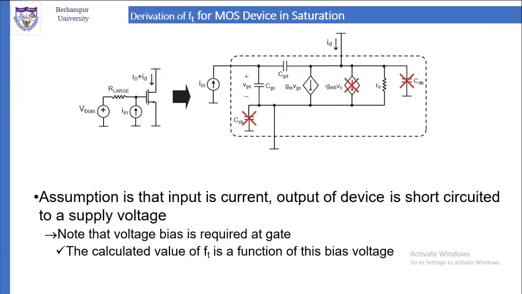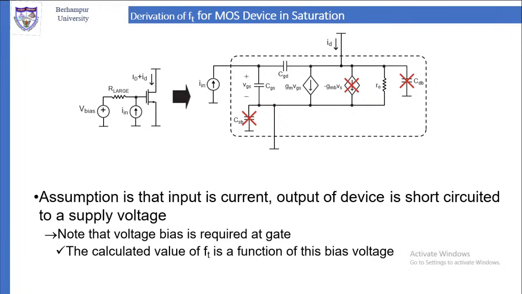So the assumption is that the input is current. We are giving a current as input. The output of the device is shorted, short-circuited to the supply voltage, whatever supply voltage you are using. Note that the voltage bias is required at the gate, so we have kept the voltage bias VGS.